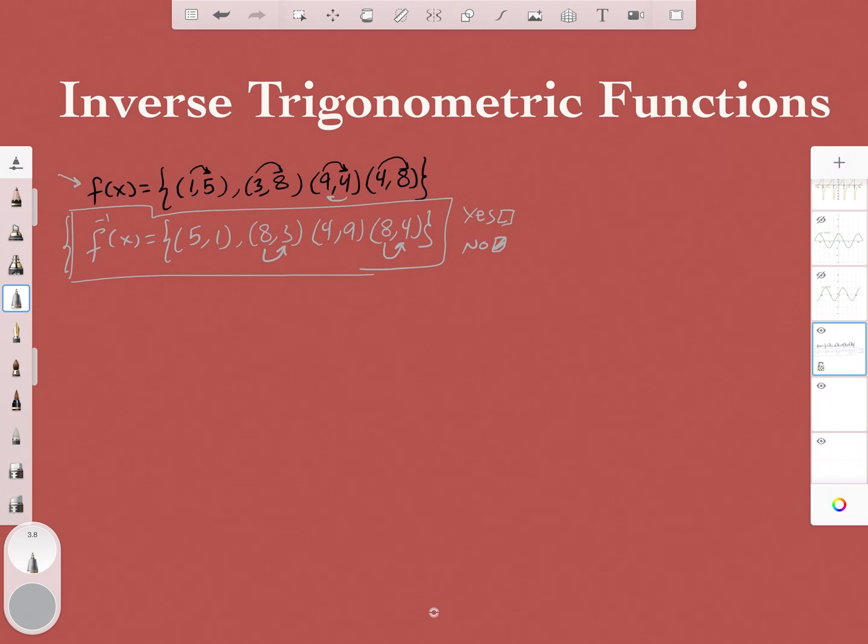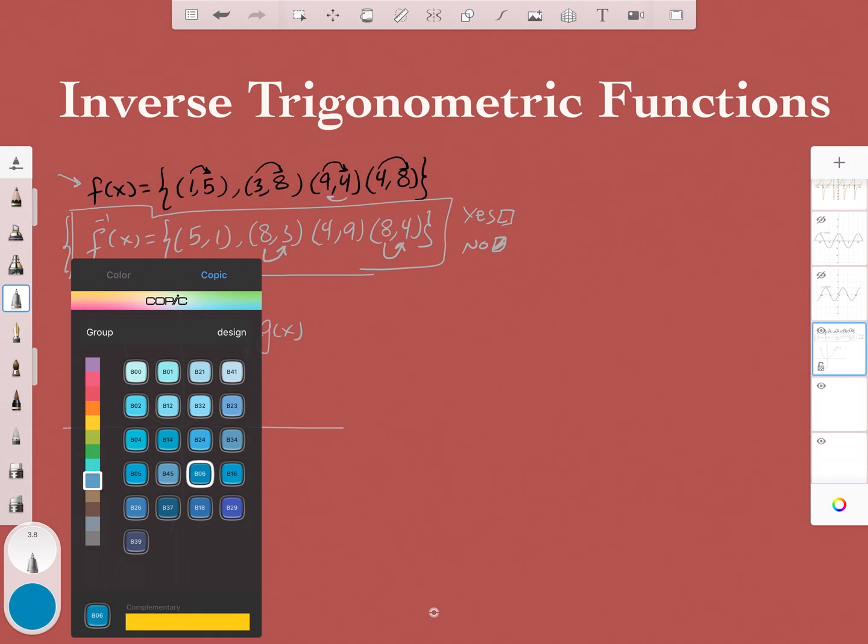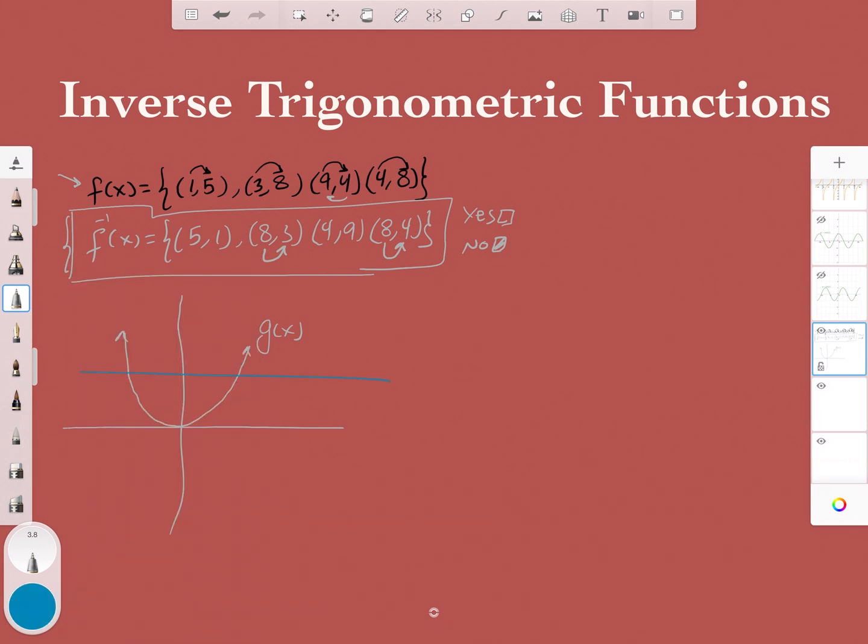We also learn, if I give you a graph like this graph, how do we know whether the inverse of this graph is a function or not? We make a horizontal line test.